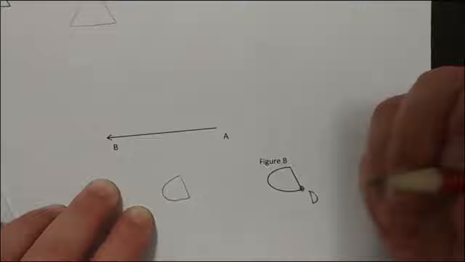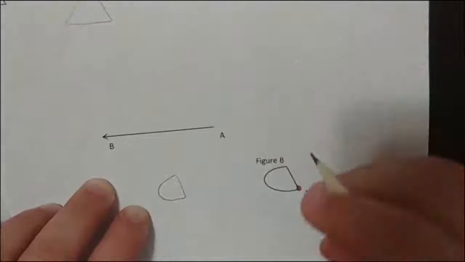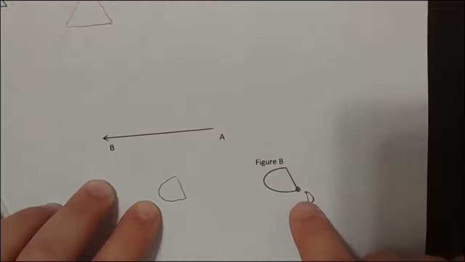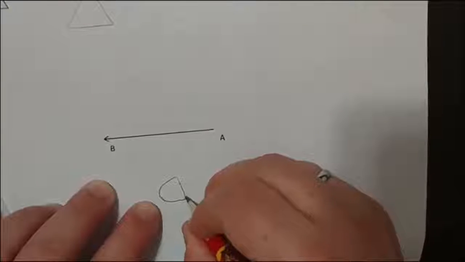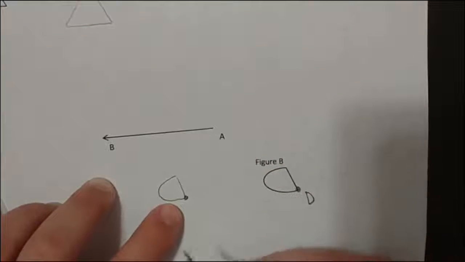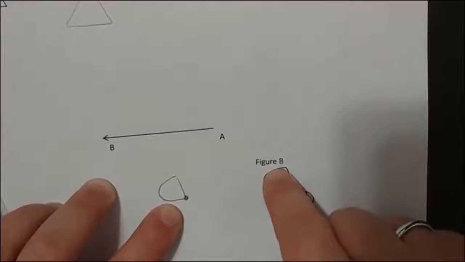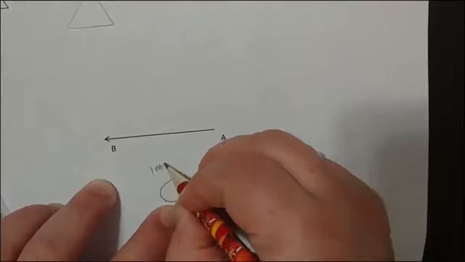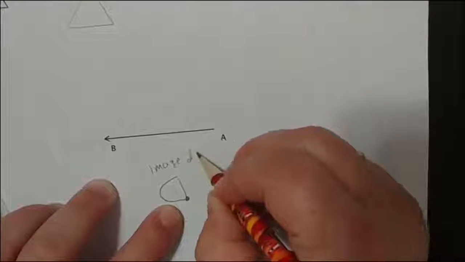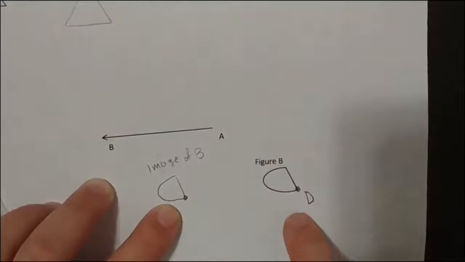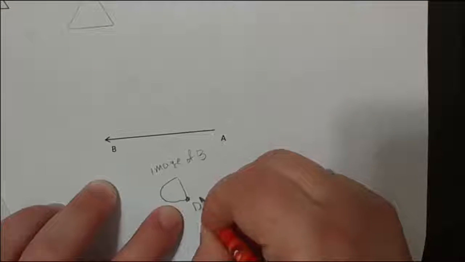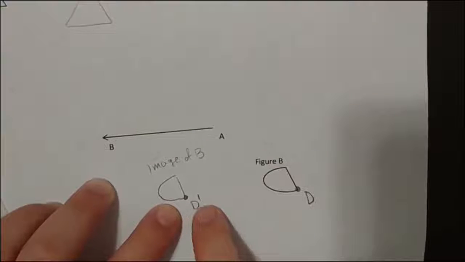That wasn't pretty good, but close enough. And then don't forget there's a point D here, so there's also a point over here. Now, the original figure B, we call it image of B after we translate, and this point D, after we translate it, we call it D prime. So D with a little prime symbol.